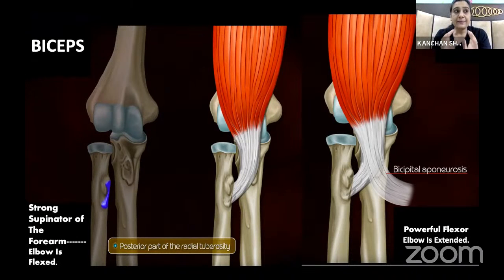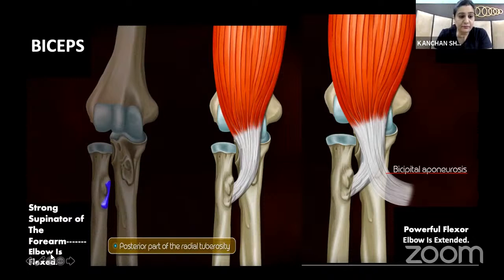Biceps action is basically positional, depending on how you have kept your elbow. If you have kept your elbow extended, in that condition biceps is the flexor. And when you have flexed your elbow, it is the supinator. Fine, remember this, it is very important when I will be discussing the pathologies. So at that time you should remember this.